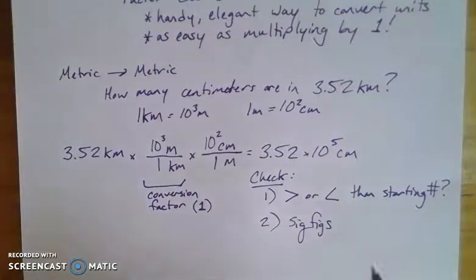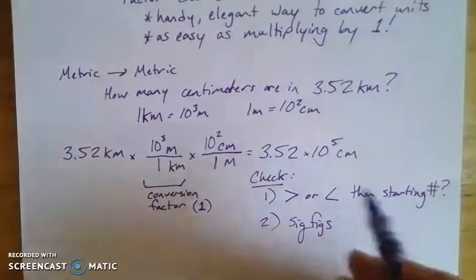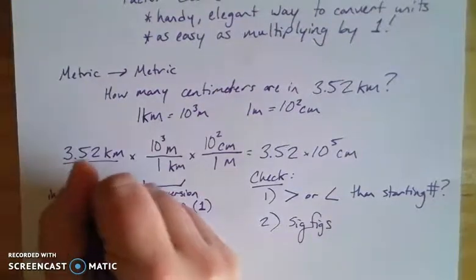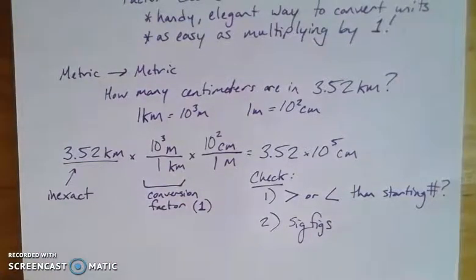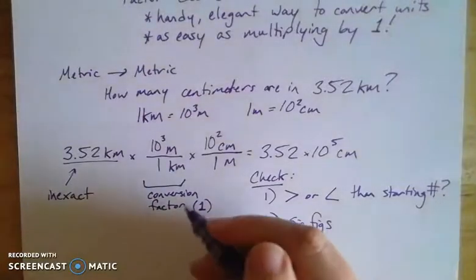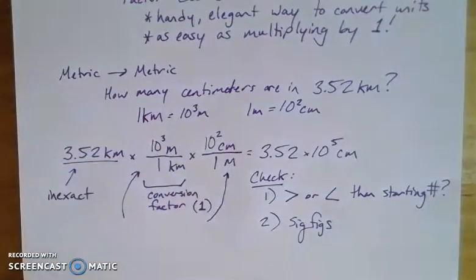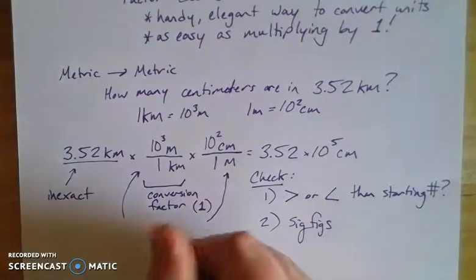And so we're going to factor in any of the inexact numbers, and that's going to help us round our answer. So if I look at this number here, this is inexact. My first initial number, my 3.52, is an inexact number. The next two factors that I used as conversion factors are both exact.